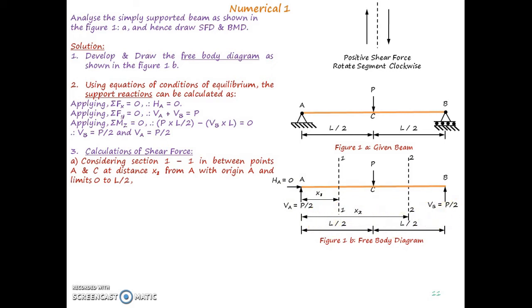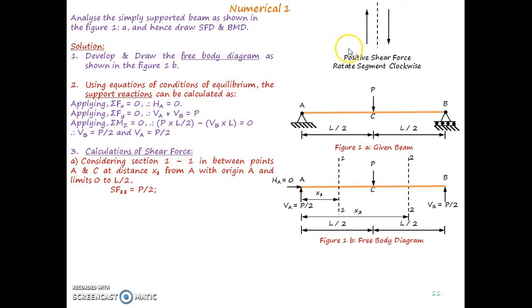What we have discussed earlier is shear force at a particular section is algebraic sum of forces either considering left part of the section or right part of the section. If we consider left part of this section 1-1, we have only one force, that is reaction at A, and that is P by 2. So the equation will become SF11, that is shear force at 1-1 section, is equal to P by 2.